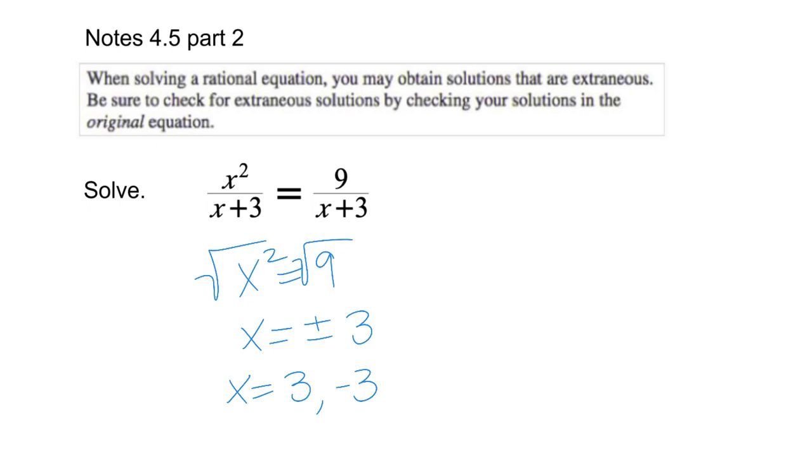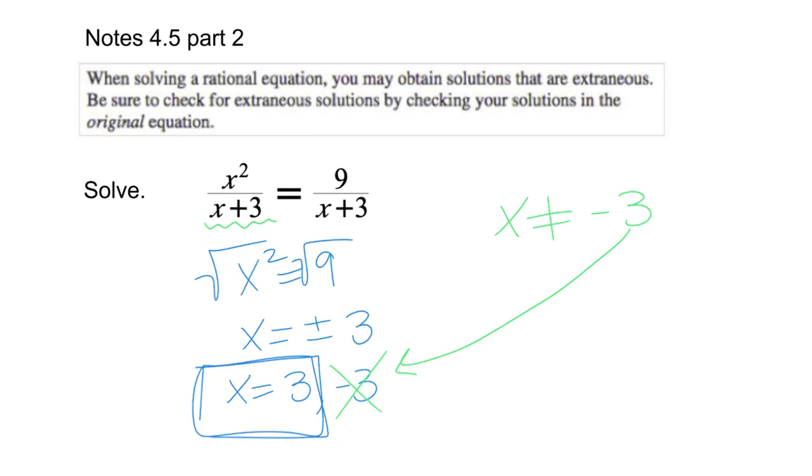But let's check our domain here. The bottom of these fractions was x plus 3, meaning x cannot equal negative 3. Looking at the solutions we just found, this answer is not possible. So even though when we solved it was part of the answer, one of those was not possible.